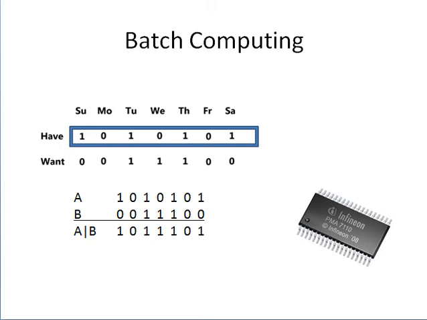Next, we're going to devise a formula that tells us whether there's a day in a week that is wanted but not available. So the first step of the calculation is to find out all the days that are either available or wanted, and we perform an OR operation between the two numbers.